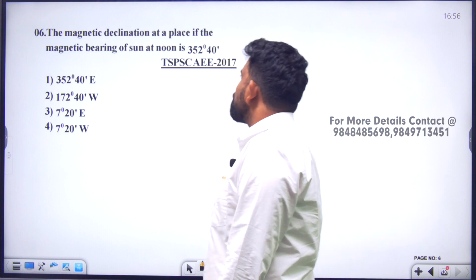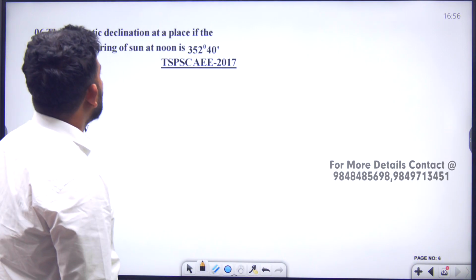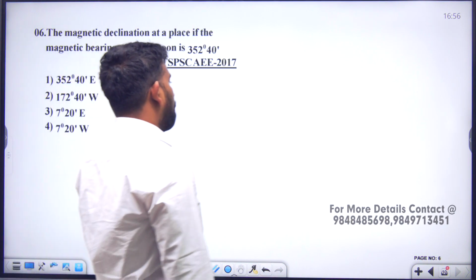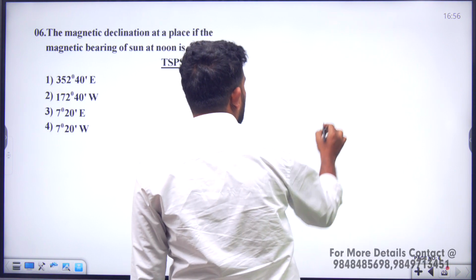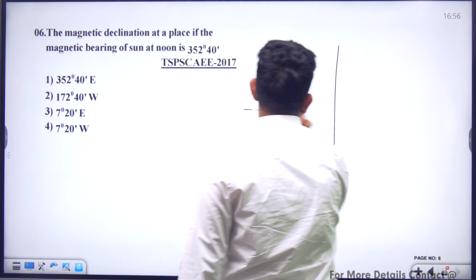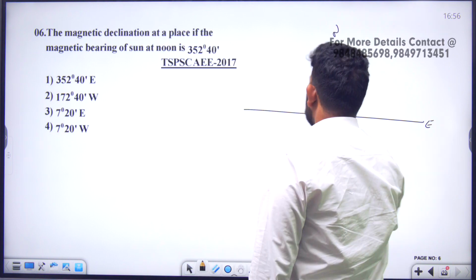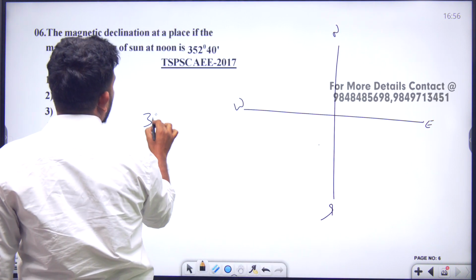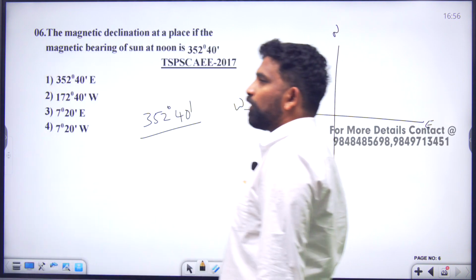The magnetic declination of a place, if the magnetic bearing of the sun at noon is 352 degrees 40 minutes. To solve this question, I will tell a very simple shortcut so that you will be able to solve it very easily. Draw the directions north, south, east and west. The angle is given as 352 degrees 40 minutes.